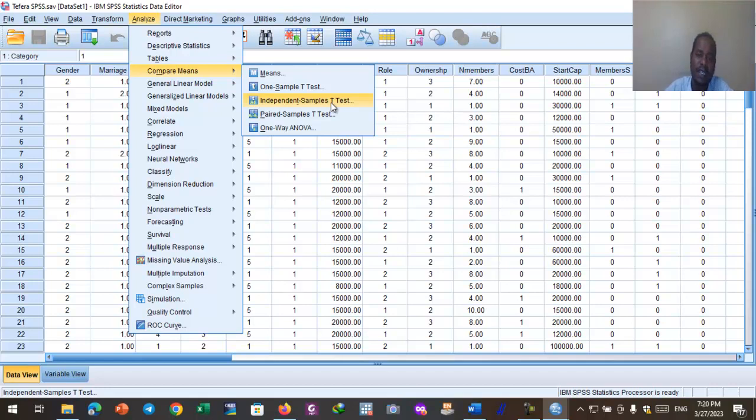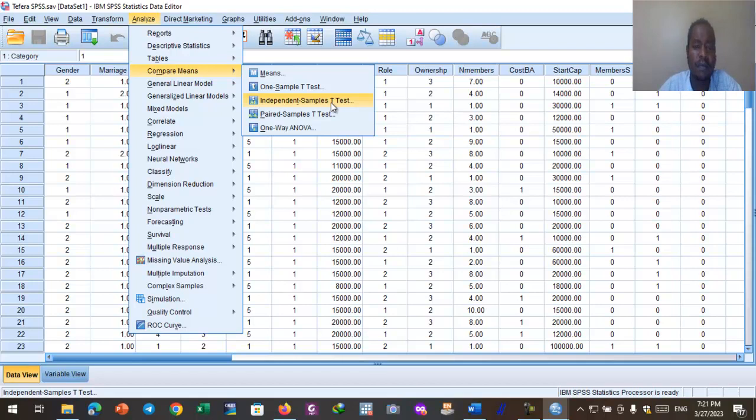When we say independent sample t-test, we are saying that we have one independent variable that is categorical, and the categories are two, and the two categories are independent of each other. For example, in our case, the micro enterprises are independent of the small enterprises and vice versa.